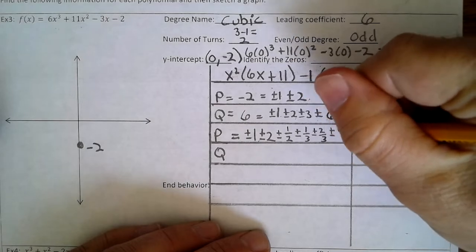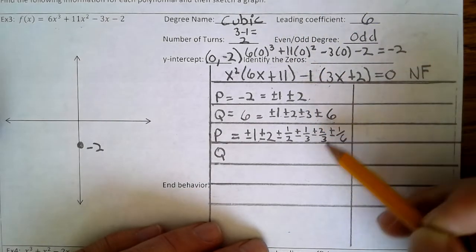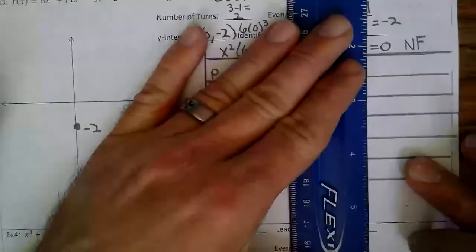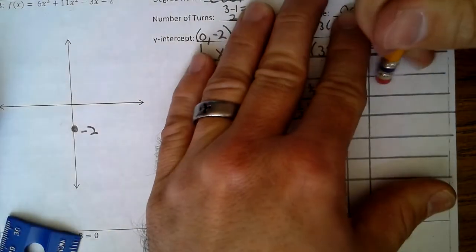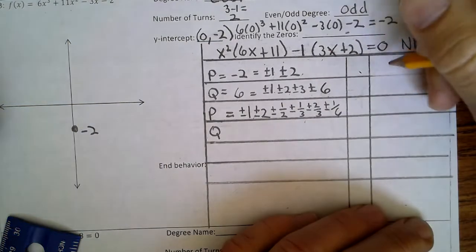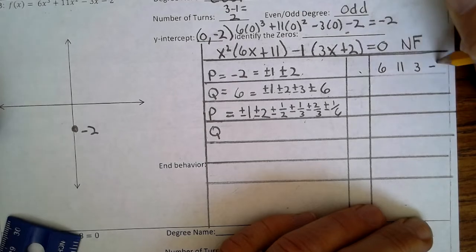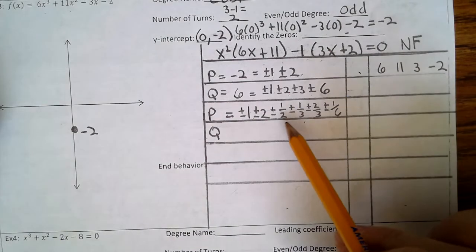Okay. Now we're going to do synthetic division. And let's go ahead and erase this. And so we have 6, 11, 3, negative 2. Now what we want to do is, instead of guessing all the different factors, let's graph it and find one of them. So I can go to On, New Document, No, Add Graph.